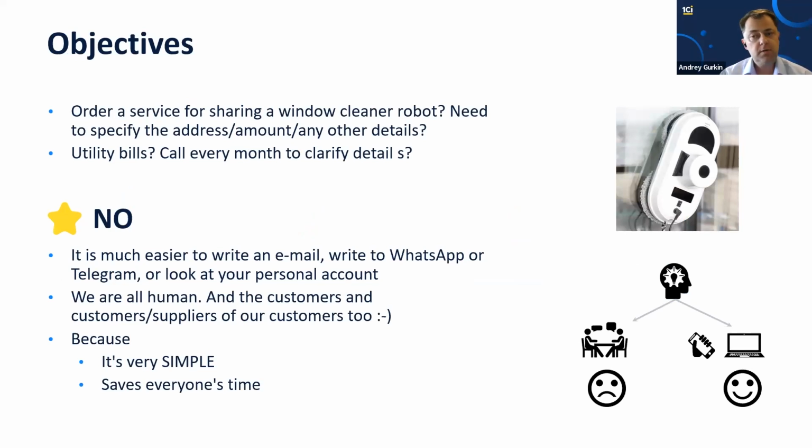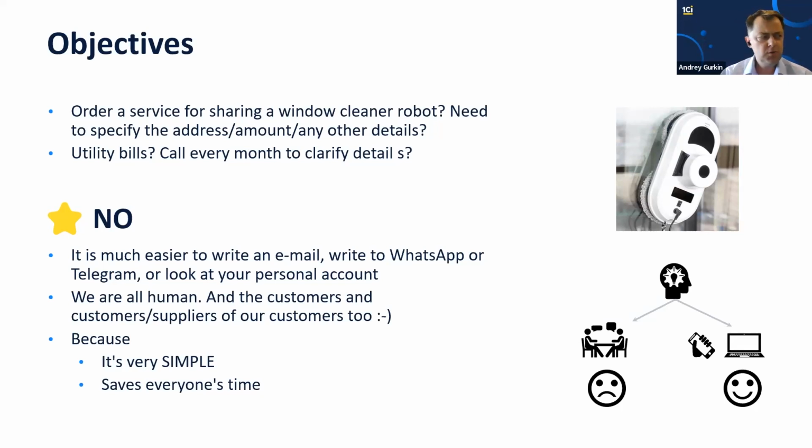Regarding objectives, imagine that, for example, we are ordering some service, for example, for sharing a window cleaner robot. And we need to specify some details, address, amount, something else. Or I think all of you are paying some utility bills.